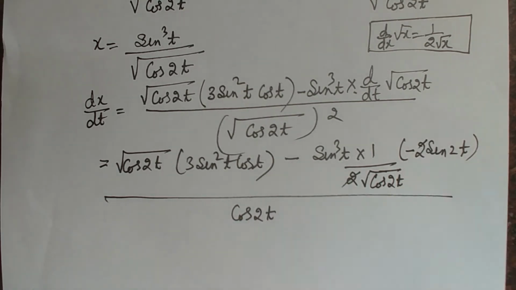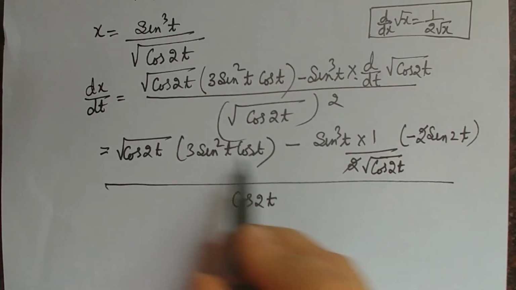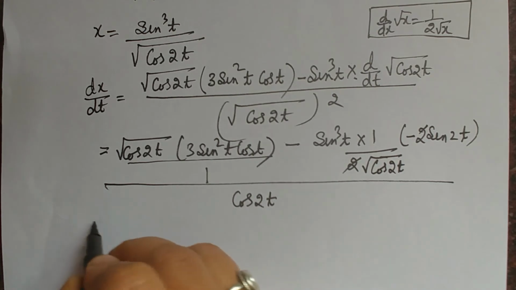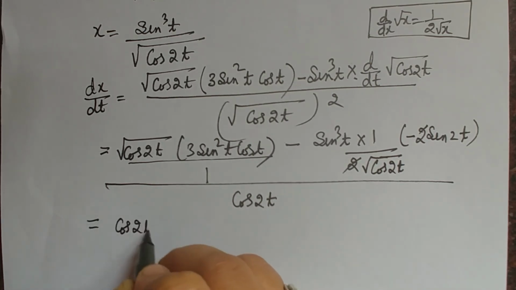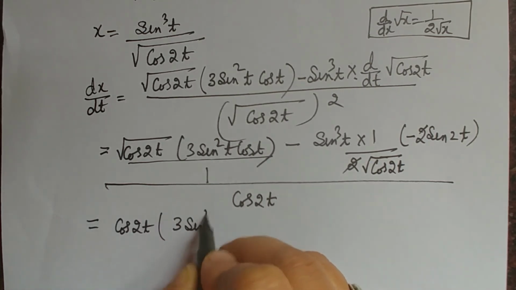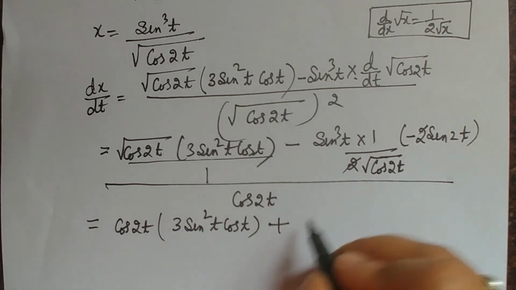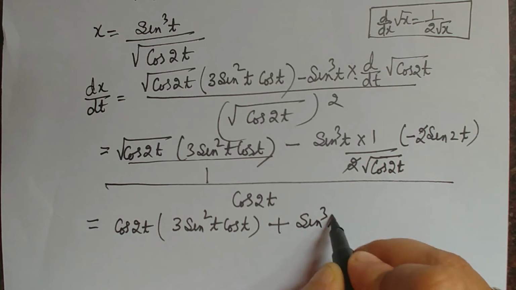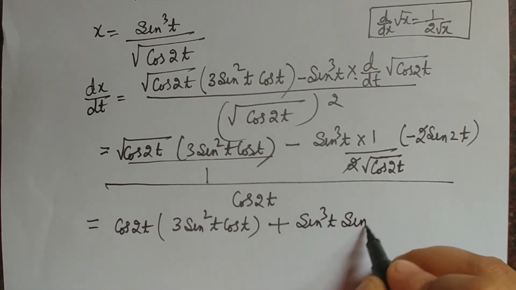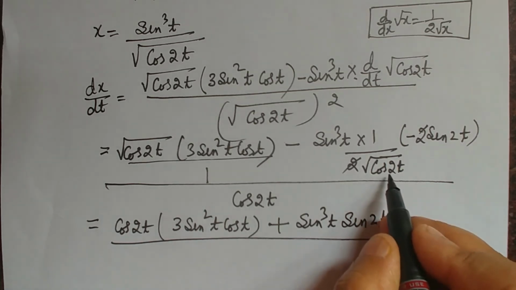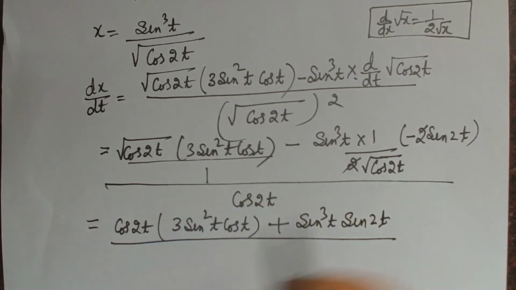Now cancel this 2 with 2 and take LCM in the numerator. So it is cos 2t times 3 sin square t cos t, plus, minus minus plus, sin cube t and sin 2t. And this root cos 2t is the LCM.